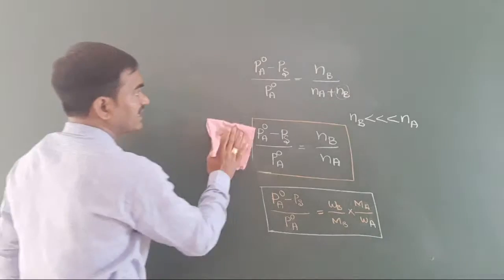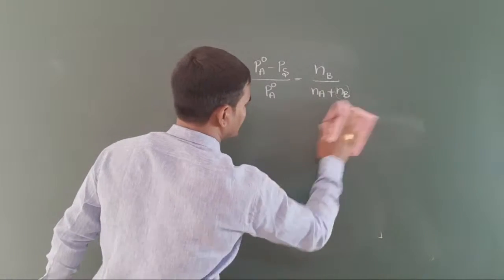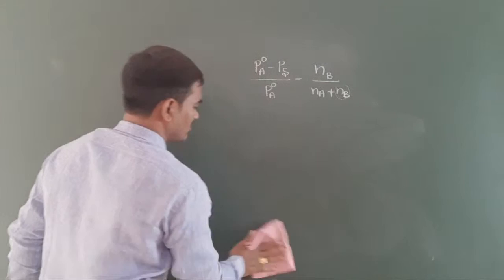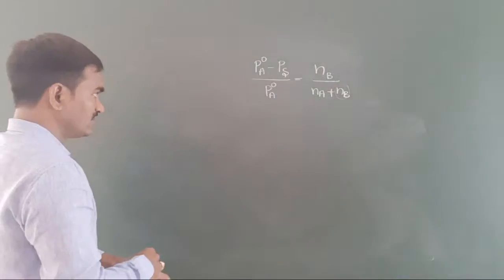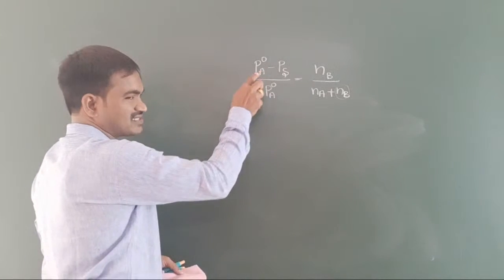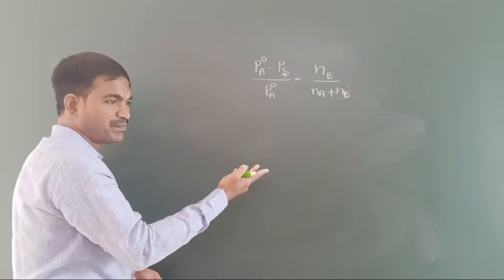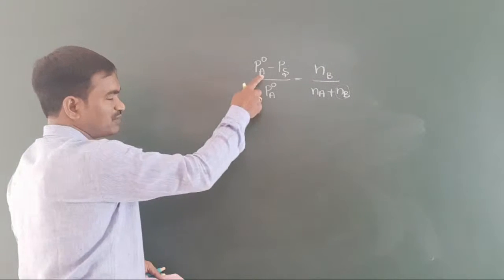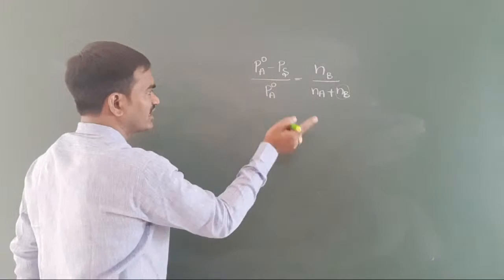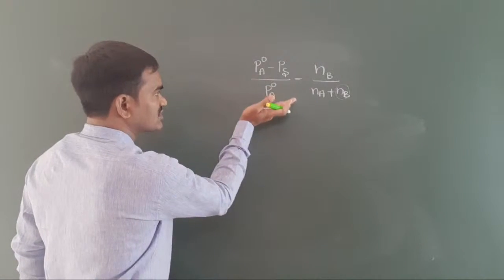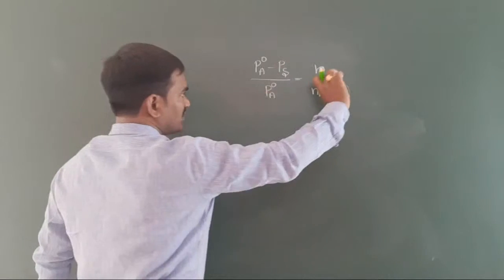Now I am taking the above expression. You see what we are going to do here. See this one. Here I am taking P naught A as P naught, because this is the pure solvent. So directly I am taking it like this. I don't want to make you confused. Just see, this term is coming this side, this term is going to that side.